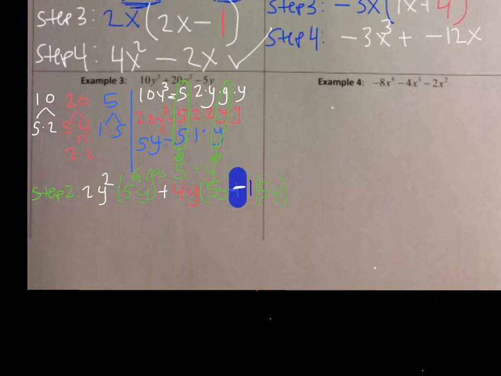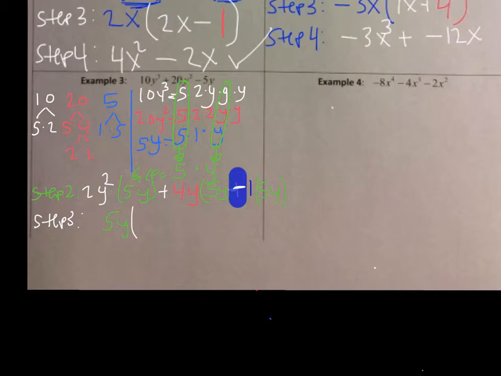Alright, step number 3. Step number 3 tells us to use the distributive property to factor out the GCF. Our GCF here is 5y. As you can see, each term has a 5y. So we're going to distribute that out and leave the other terms inside of the parentheses. So factor out 5y and put the parentheses around the rest of the terms.